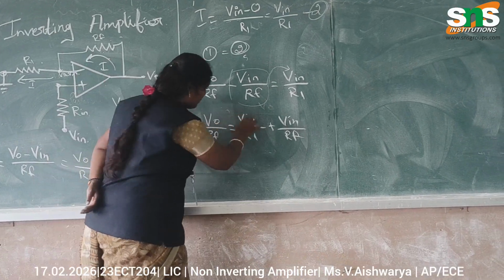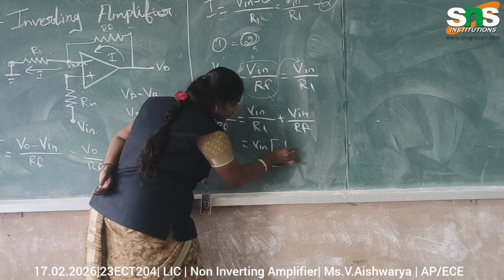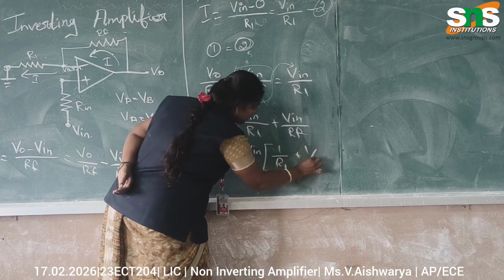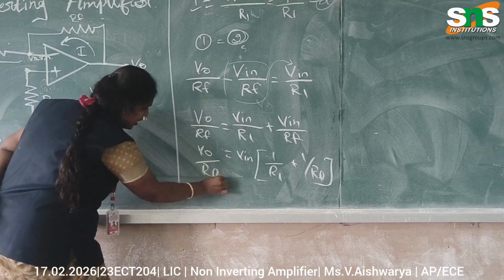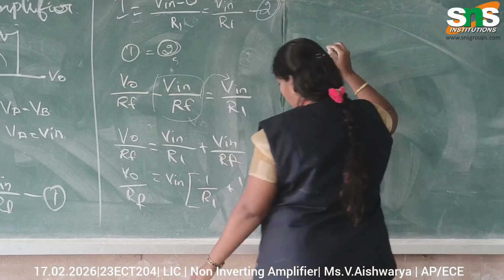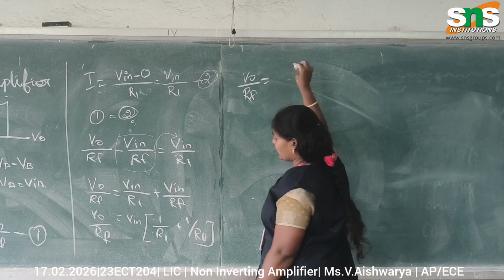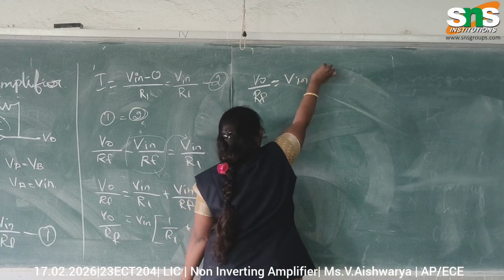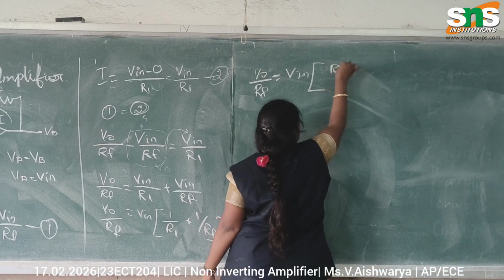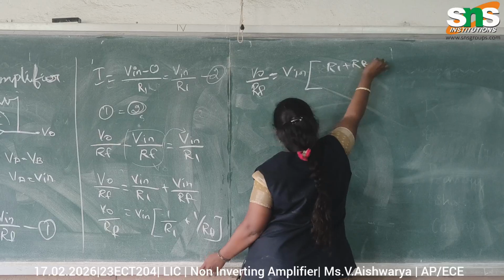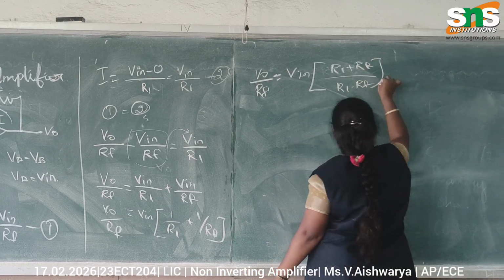The common term is V in, so I write 1 by R1 plus 1 by RF, V naught by RF. Cross multiplying, V naught by RF equals V in of R1 plus RF by R1 into RF.